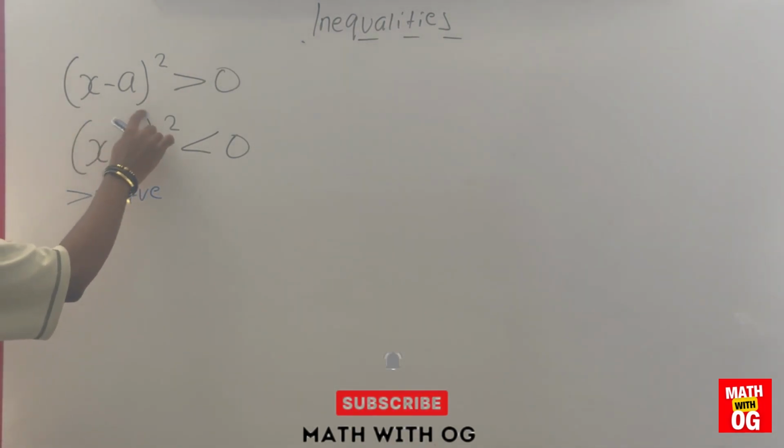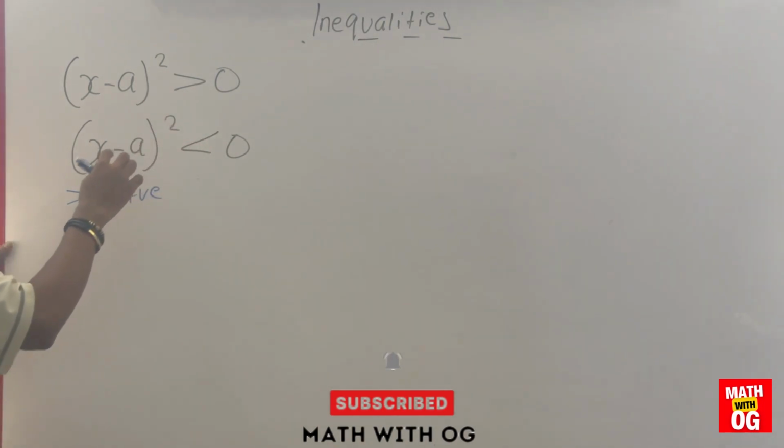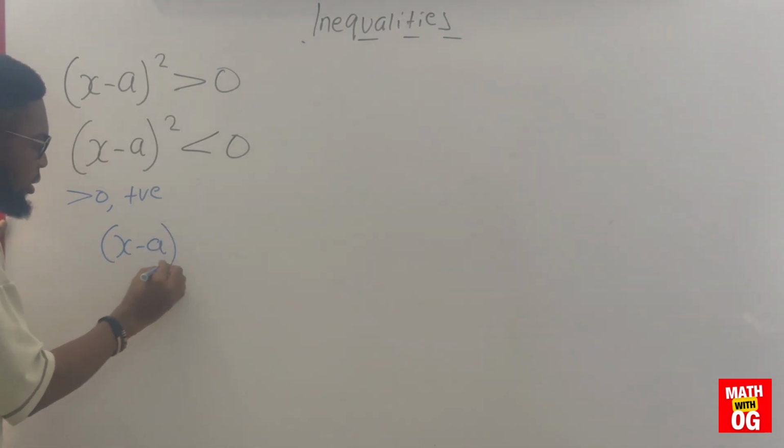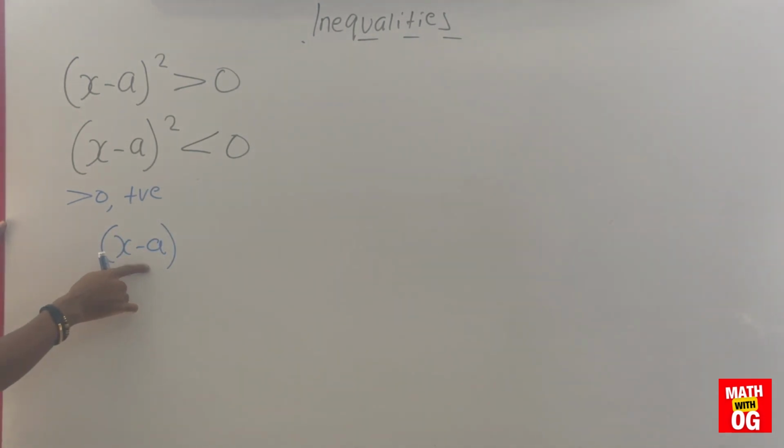So what this is asking us is that if the square of a number is greater than 0, what must happen to that number? So we are dealing with x minus a. If the square of x minus a should be greater than 0, what are the properties of x minus a?